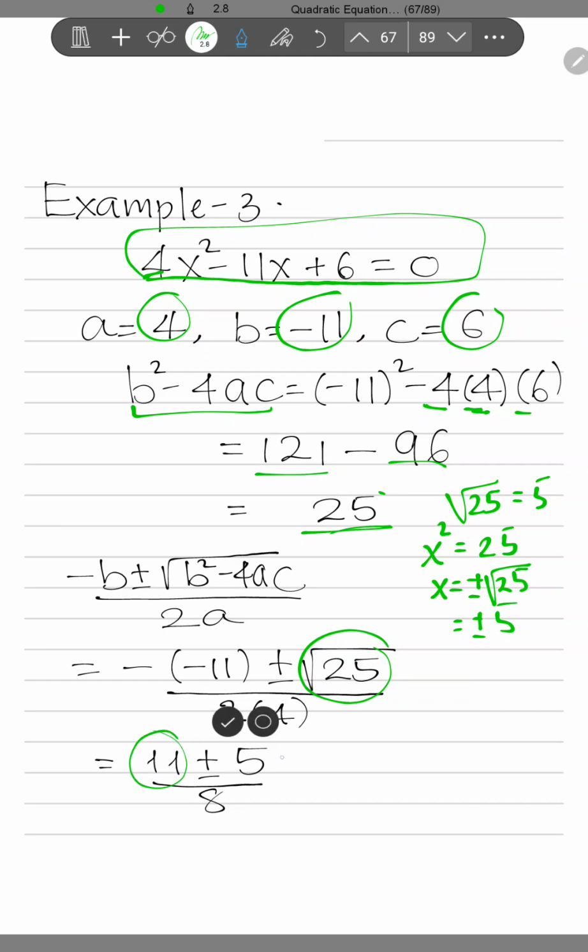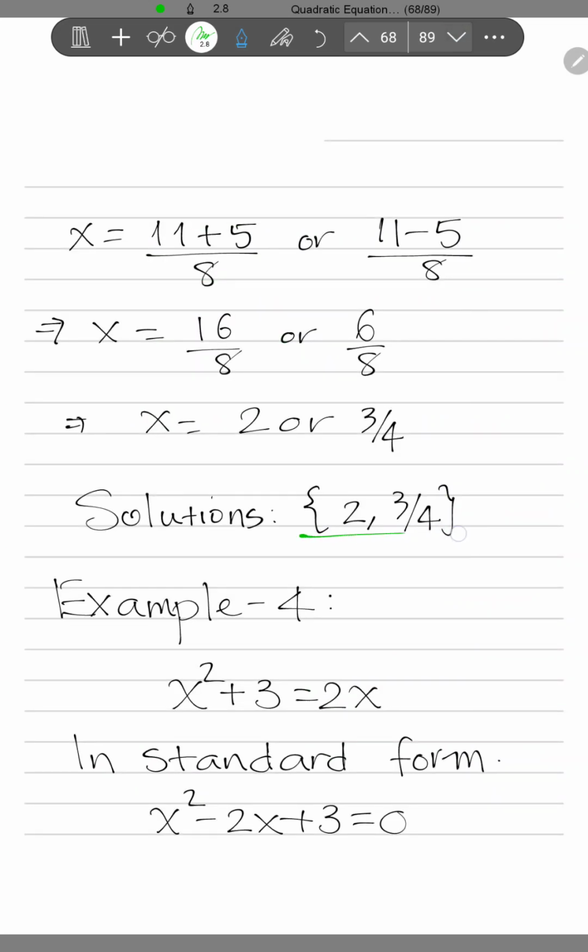So 11 plus 5 divided by 8, or 11 minus 5 divided by 8. 11 plus 5 is 16. 16 divided by 8 is 2, or 11 minus 5 is 6. 6 divided by 8 is 3/4. So the two solution sets are 2 and 3/4.